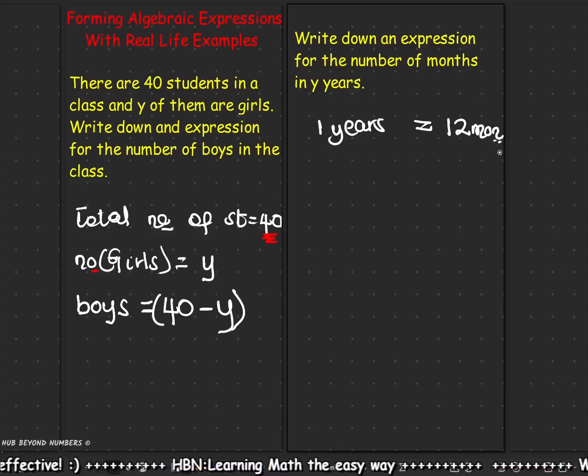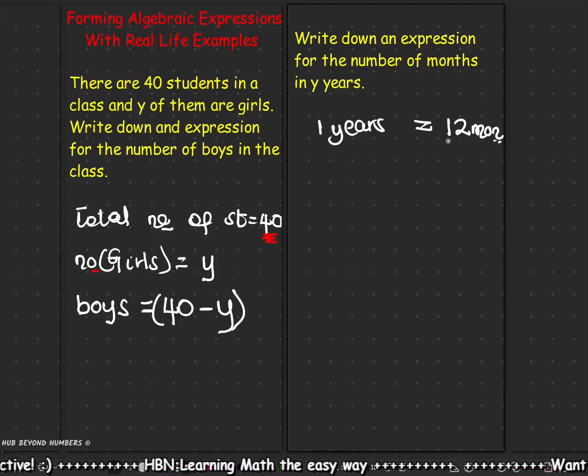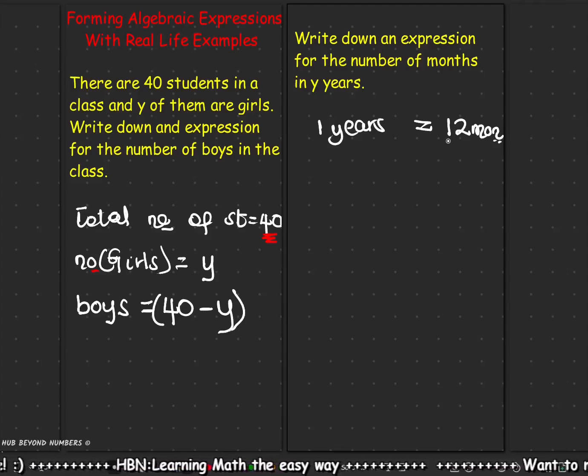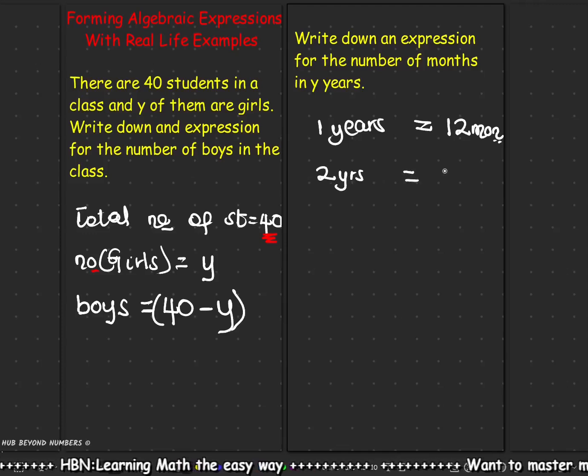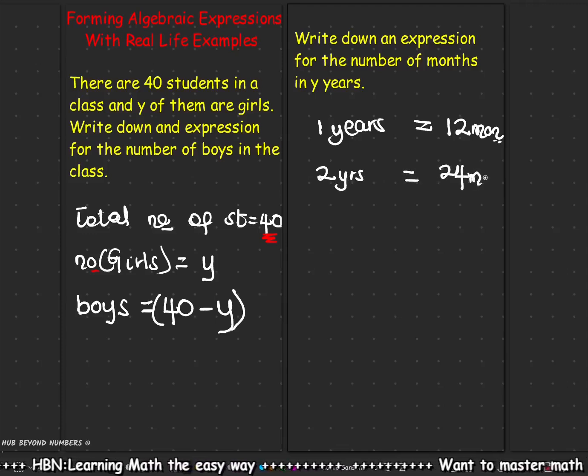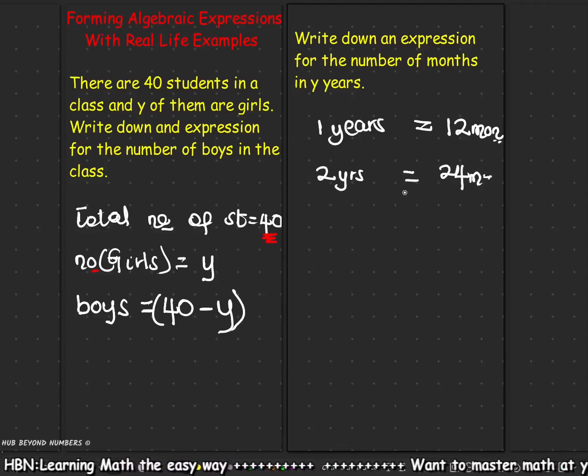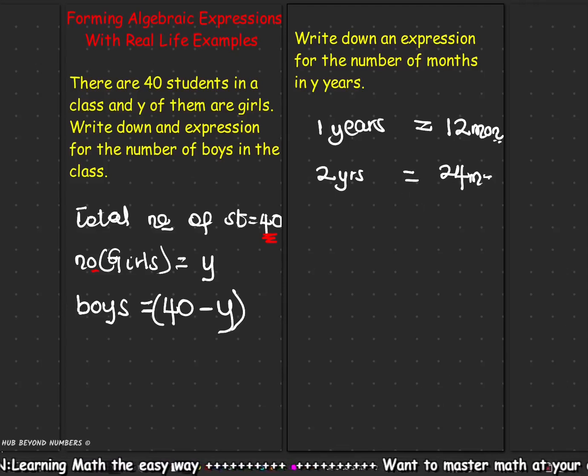So 2 years would have how many? 24 months. How do we get it? We got it by multiplying 12 by 2.